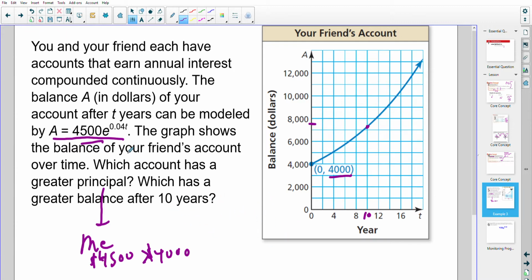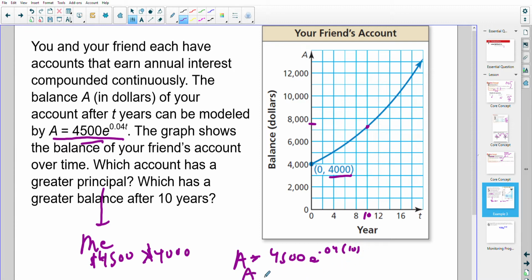Let's see what it is when you plug it into the formula. A equals 4,500 e to the 0.04 times 10. So 4,500 e to the 0.04 times 10.